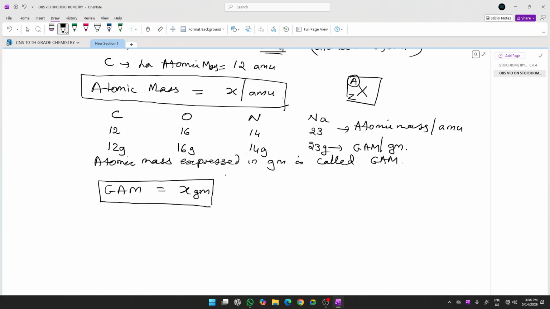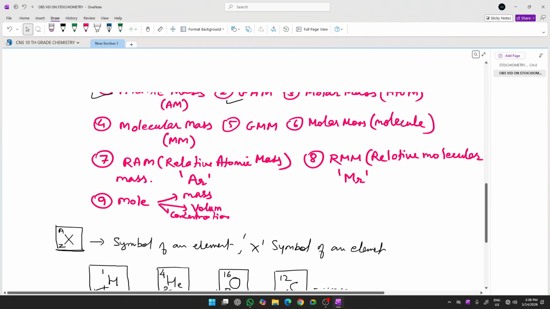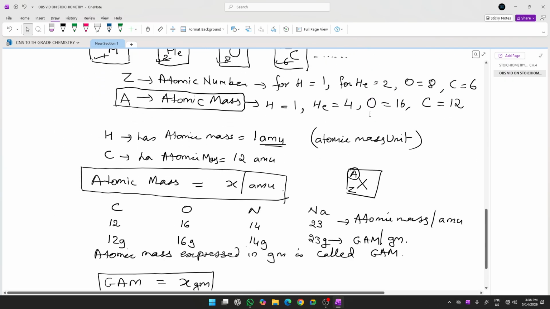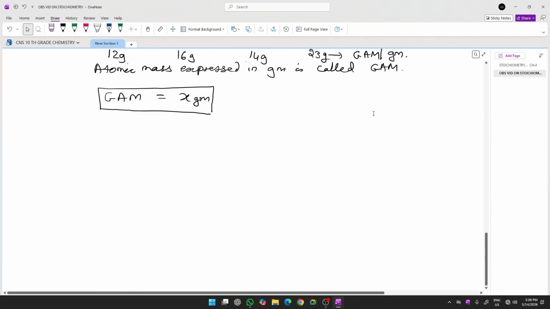Now, next in line is something called molar mass of atom. Can you see this third concept? Molar mass of atom, right? Right now, I'm just going to give you a superficial idea of all these terms. Then I will be going in deep and explaining more about these terms once again.